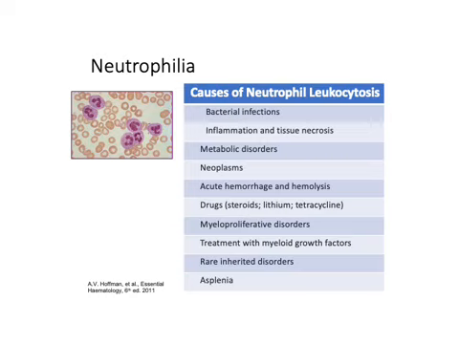Other characteristic features of reactive neutrophilia may include a shift to the left in the peripheral blood differential count, where you have an increase in the number of band forms, and the occasional presence of more primitive cells such as metamyelocytes and myelocytes. Sometimes this is accompanied by the presence of cytoplasmic toxic granulation and Döhle bodies.